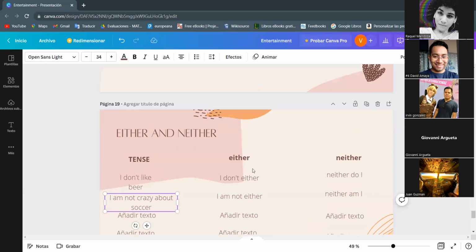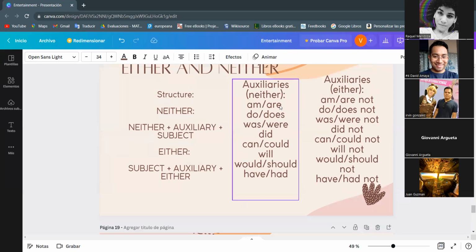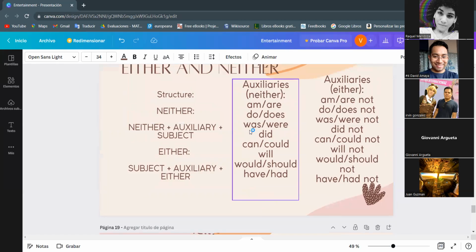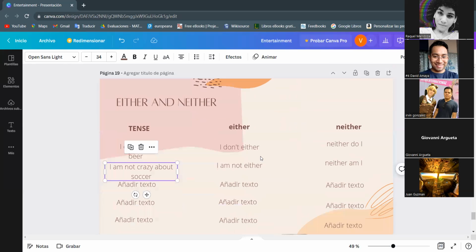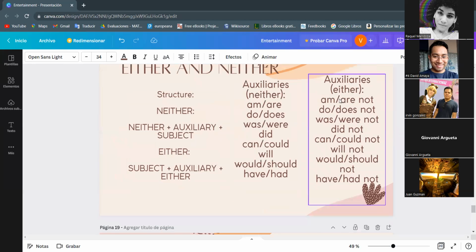Okay. So the auxiliaries for either are the same. You just make it negative. I do not. I was not. Same thing. We have it here.